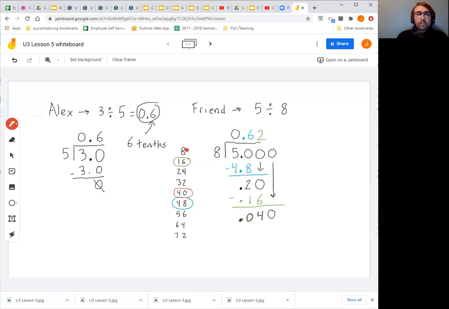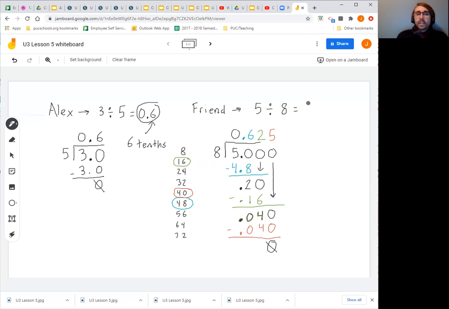So 5, 1, 2, 3, 4, 5 times 8 will give you 40. So 5 in the thousandths place will give you 40 up to the thousandths place, 0.040. We can subtract. We have a remainder of 0, which means that we found our answer.